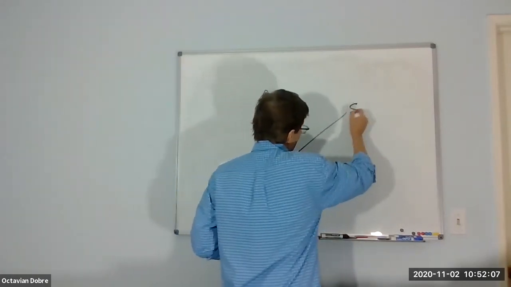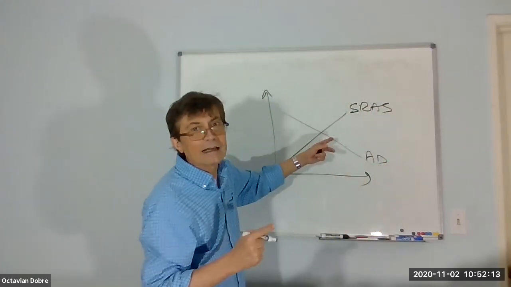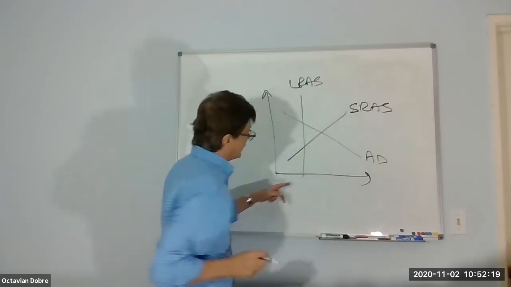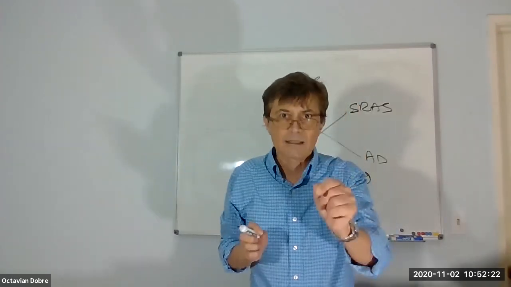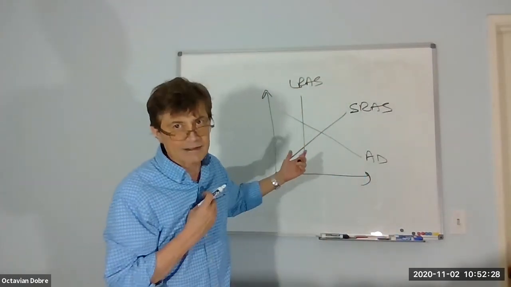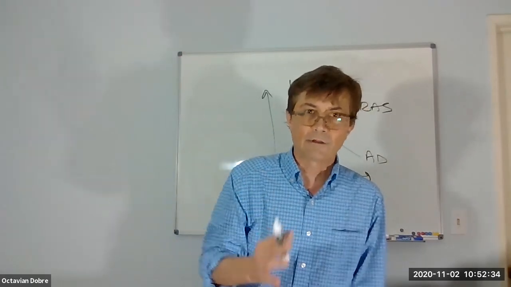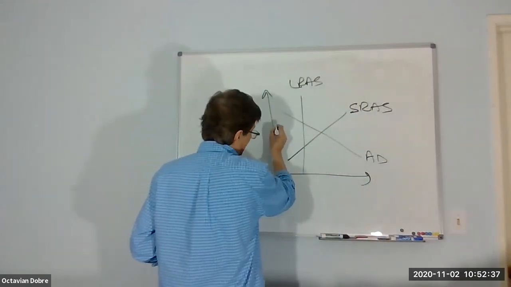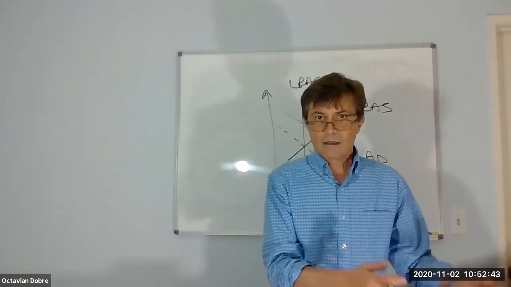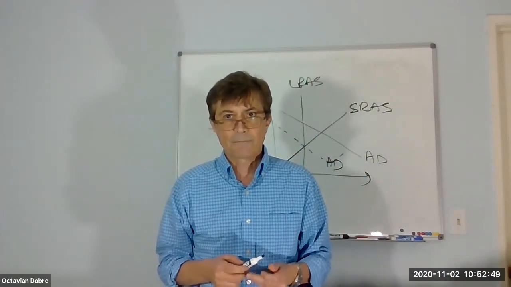If the intersection of short-run aggregate supply and aggregate demand takes place at a point that is beyond full employment GDP, and we know that the long-run aggregate supply is the yardstick that we use to find where full employment GDP is, well, then this economy has an inflationary gap, and the government would want to act in ways to slow down the economy, to diminish aggregate demand. And that would be accomplished by lowering government spending, or, like Edward said, raising taxes. Okay.